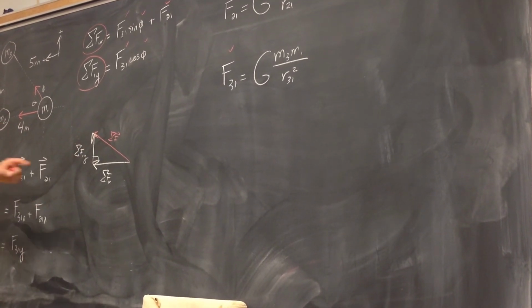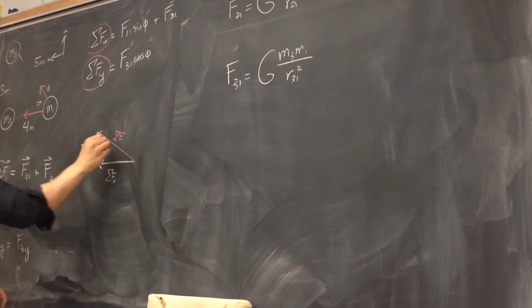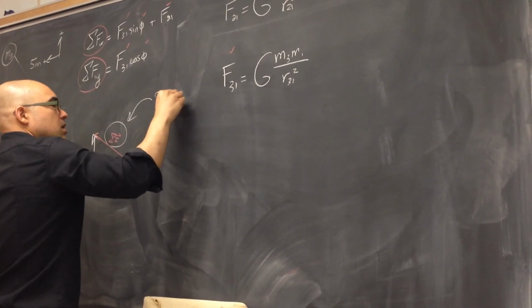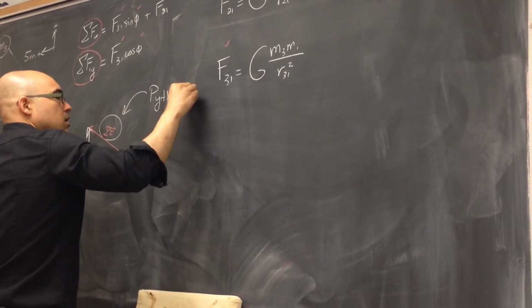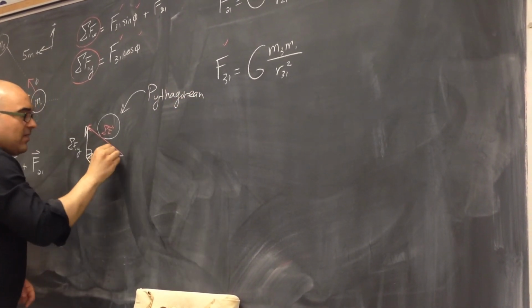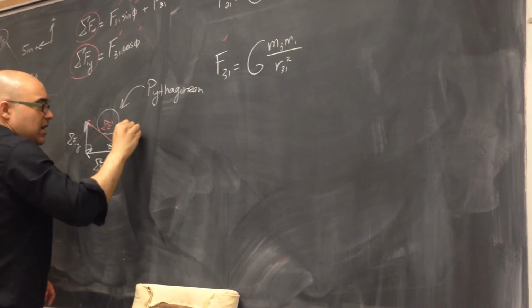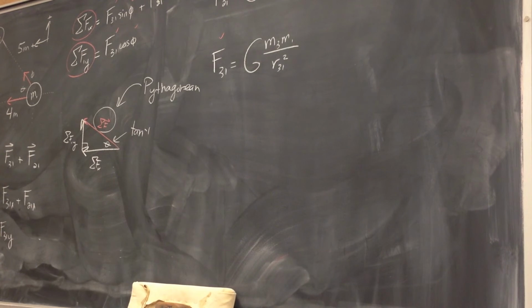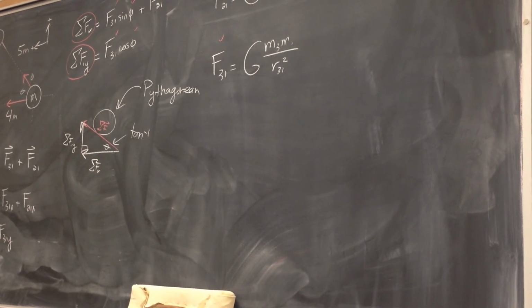So we would just use Pythagorean theorem to find this. And then to find that angle, we would just use inverse tangent, or whatever you want, because you know all the sides. And that's how you find the net force.